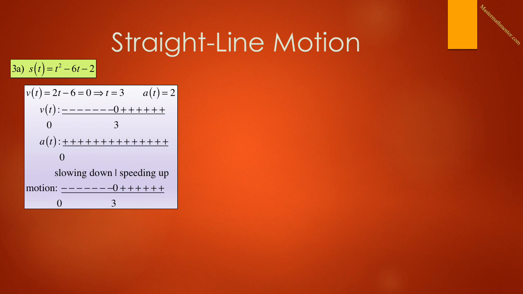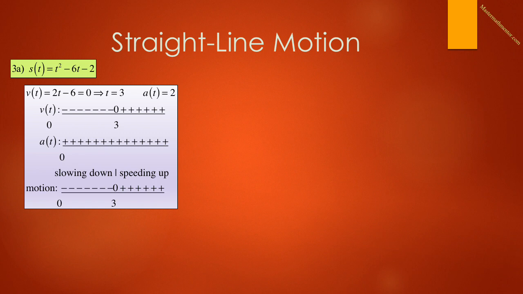And we find that the velocity is negative in the interval 0 to 3, 0 at t equals 3, and positive to the right of t equals 3. This tells us that the particle is moving left, stopping, then moving right.